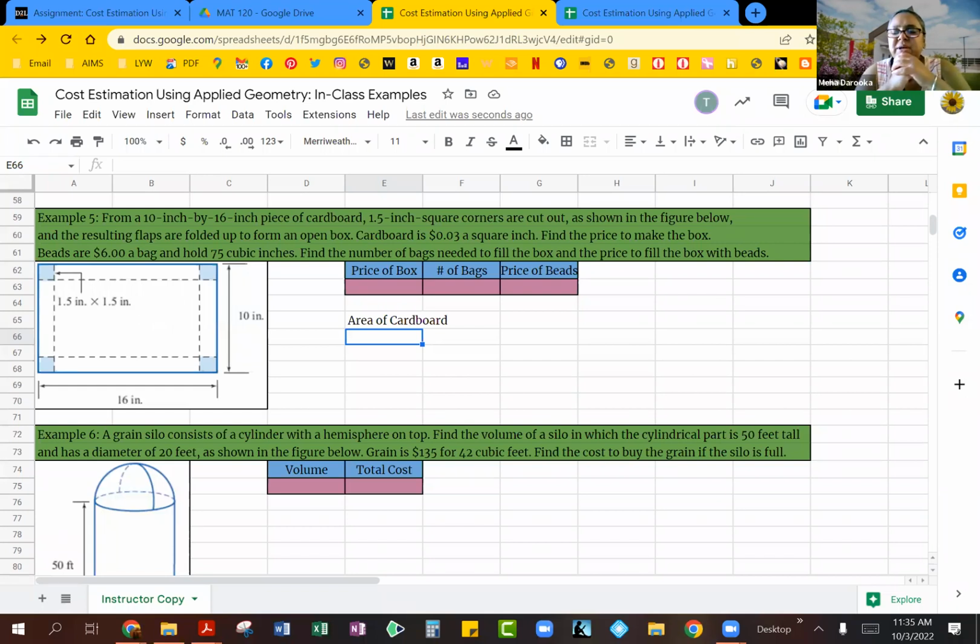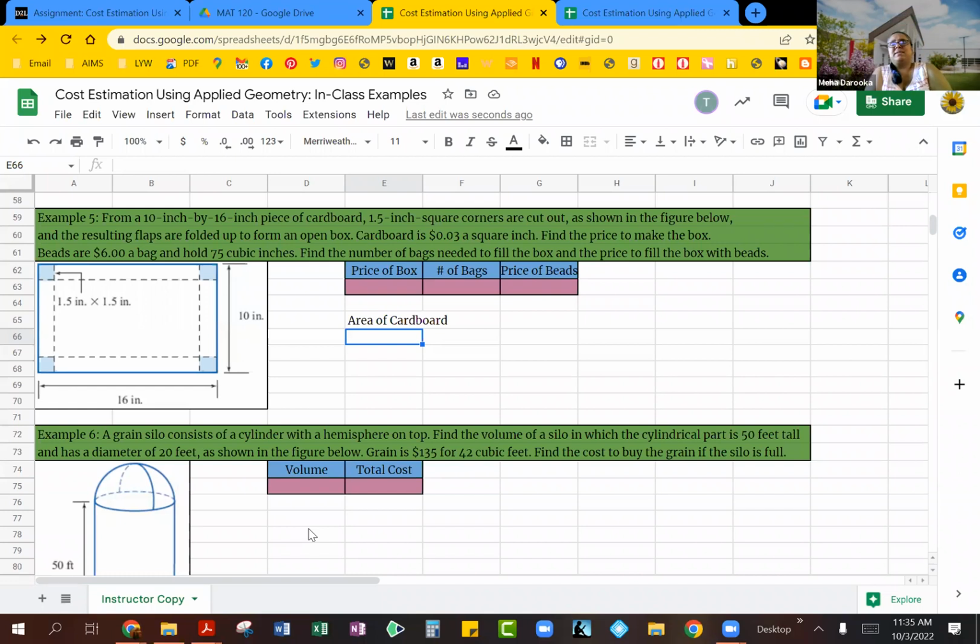Let me see what you guys think about that. What kind of measurements are you going to use? Okay, Michael, I see your value. Michael, did you subtract the corner cutout measurements? Okay. Terry, you are talking about 10 times 16 and then subtracting 6 from it.